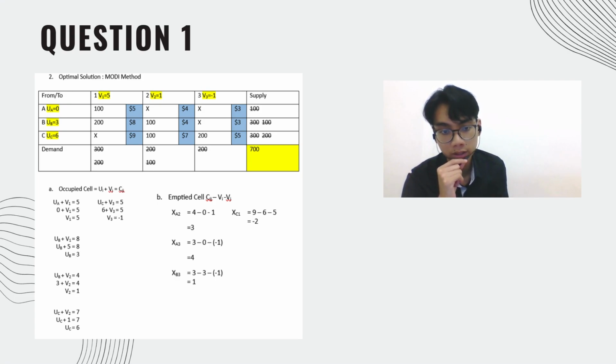SC1 equals 9, subtract 6, and then subtract 5, equals negative 2. So there are 2 negative values in this Modi method. So we need to find another optimal solution, which is the stepping stone method.